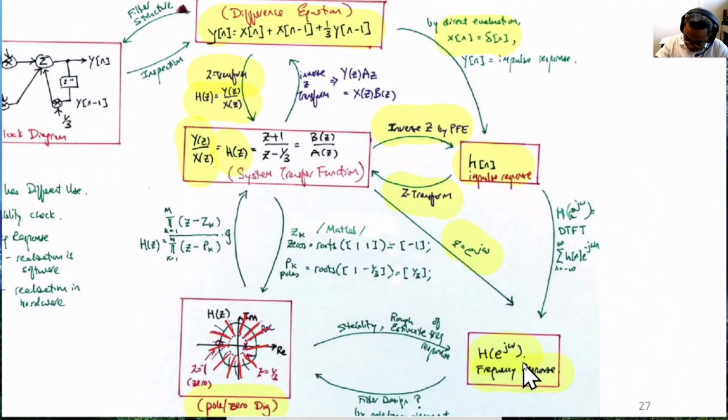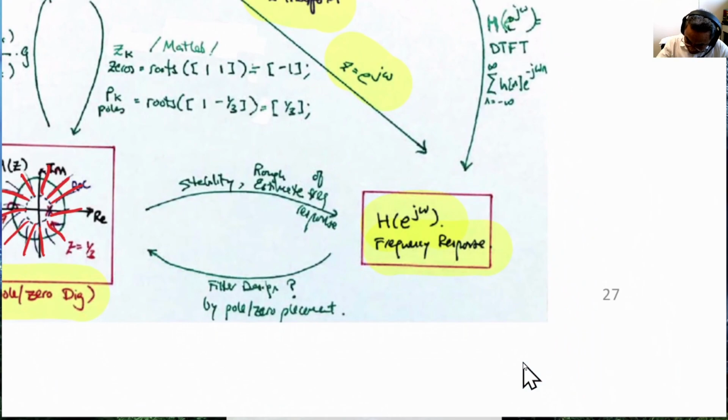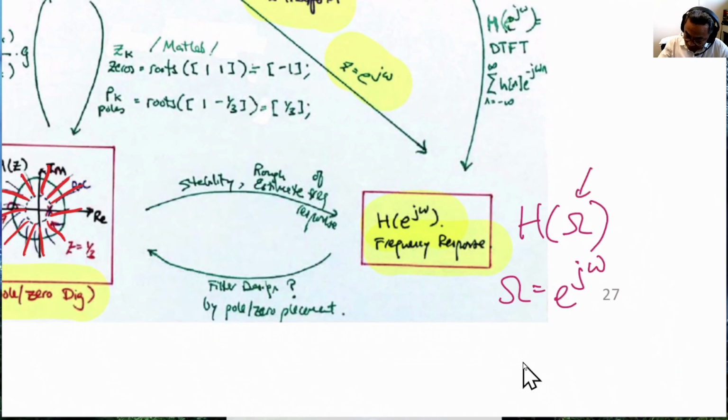So in this slide, we write it as H(e^(jω)), but we can also write it this way, because ω in this particular case is like this. Okay, that's the idea. And this is the DTFT of the impulse response.